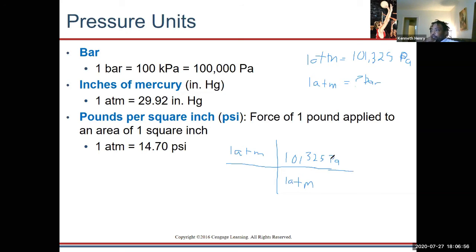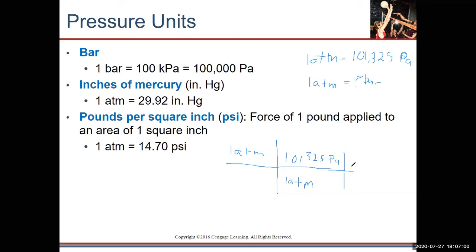How many pascals are equal to a bar? 100,000.